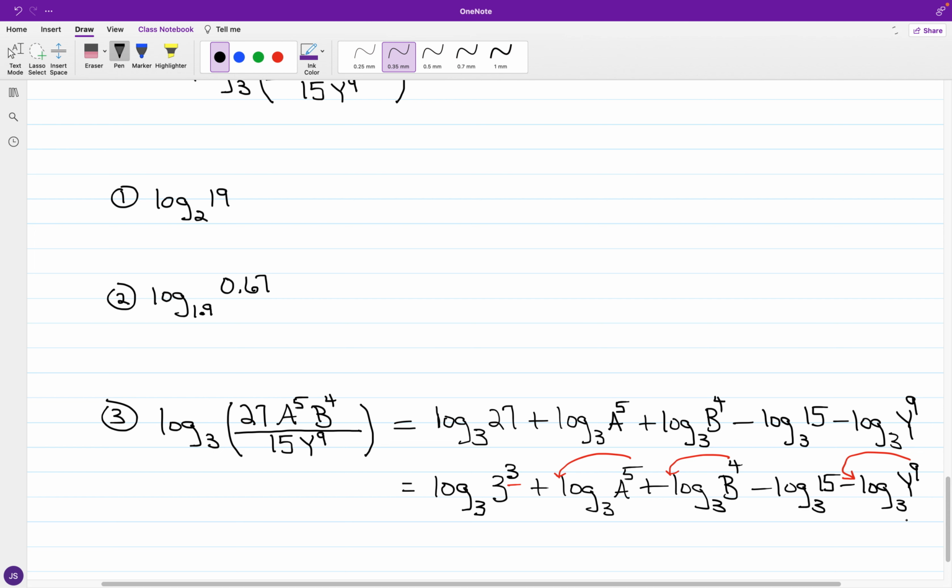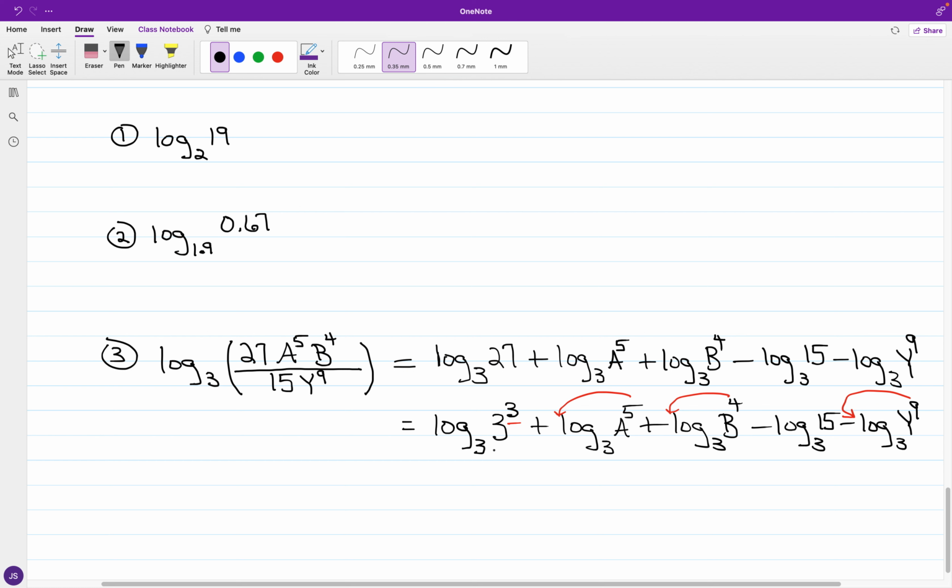Okay, so with the first term, so you had the base A logarithm of a to the x goes to x, which would have to be, what was the exponential 3? And we have plus 5 times the base 3 logarithm of a, and we have plus 4 times the base 3 logarithm of b.